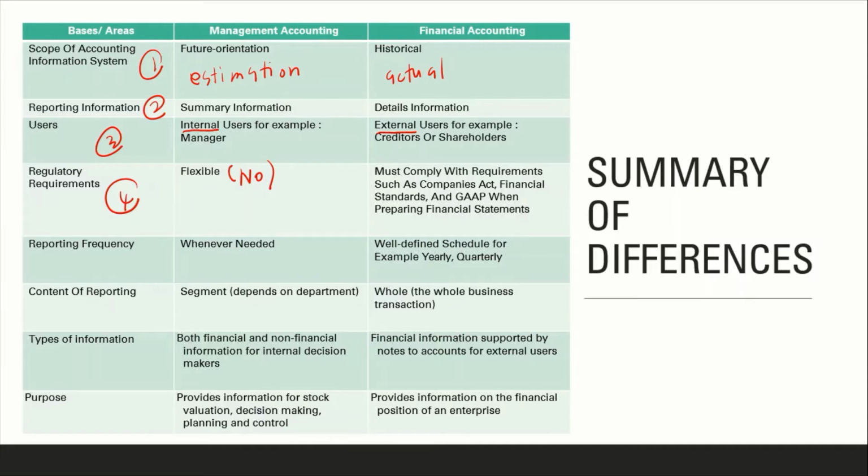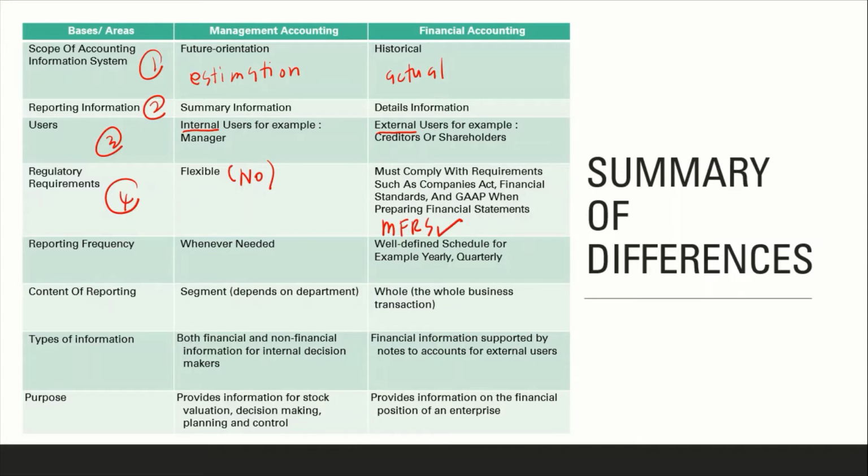While for financial accounting, you must comply with the requirements such as Company Act, financial standards, and GAAP when preparing financial statements. So for Malaysia, we have our own standard, which is called the MFRS, Malaysia Financial Reporting Standard. Okay, so the financial statement must follow this standard in Malaysia.